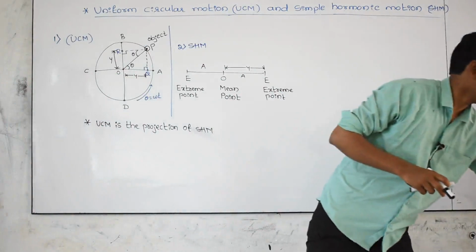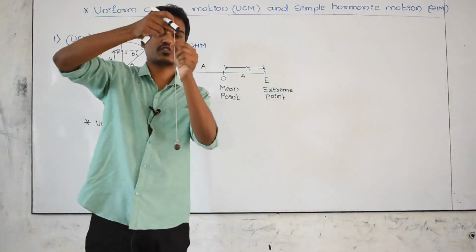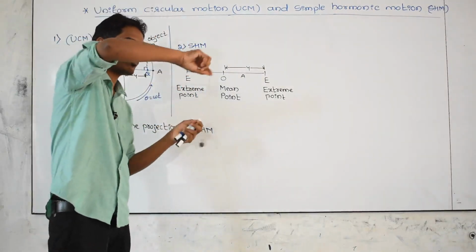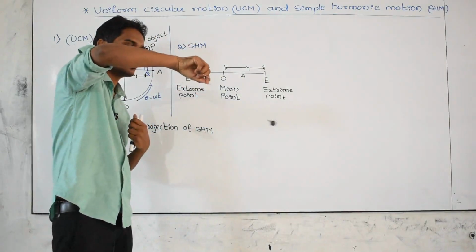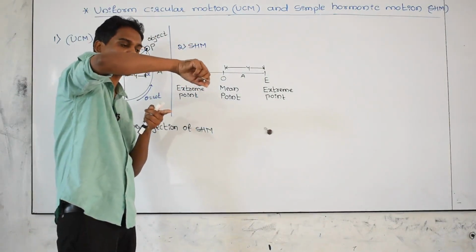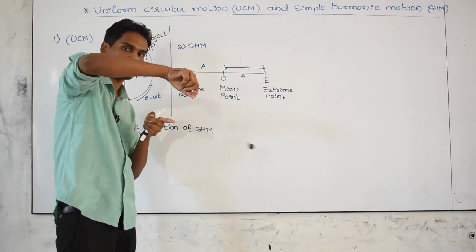Let us take this object, and this is a thread, and now I am rotating this body like this. Which motion is this? This is a uniform circular motion. Now the body is moving in which path? Circular path.